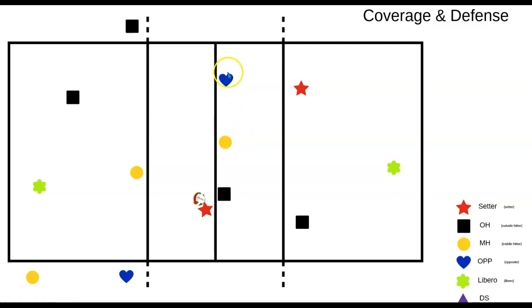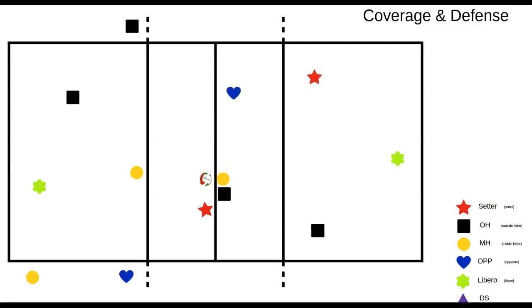Our right side might be a little farther away than our middle, but we don't want her all the way out close to the antenna. We want our right side to stay in, and she will move with the hitter to be able to set the block. All right, so for this one, we're going to watch coverage and movement for a middle hit.